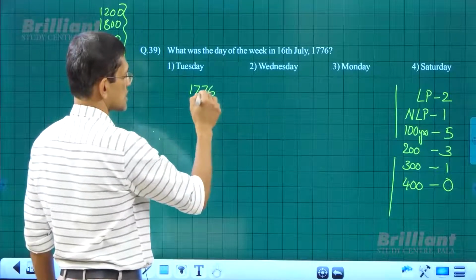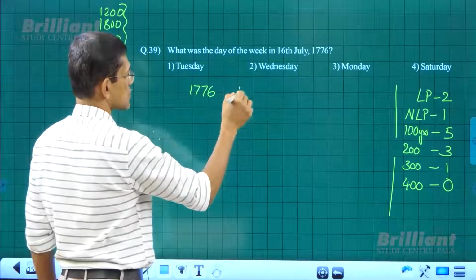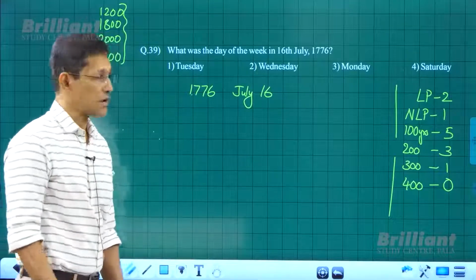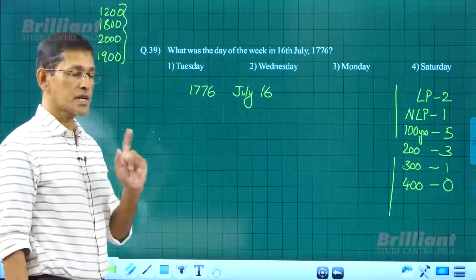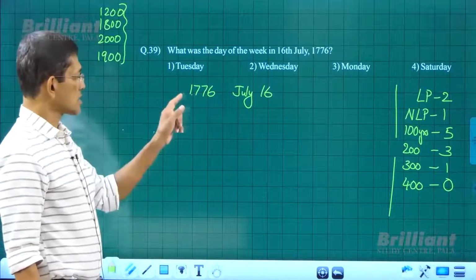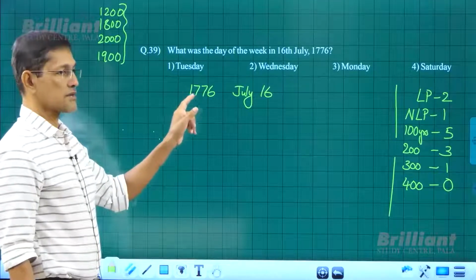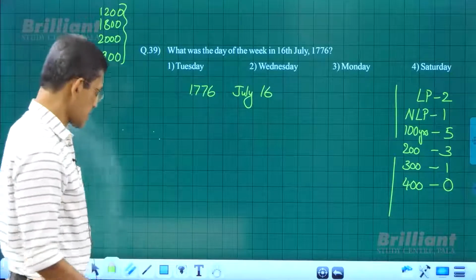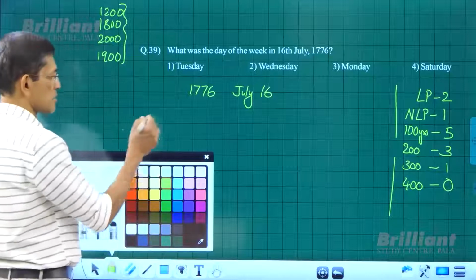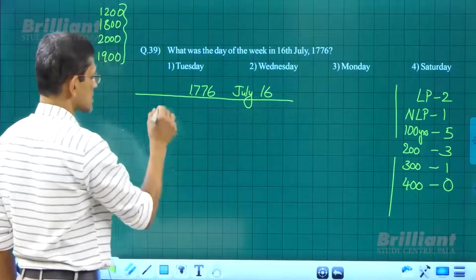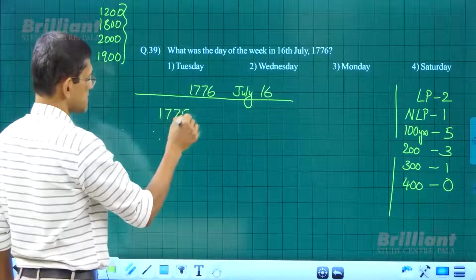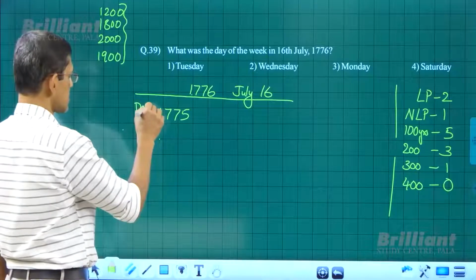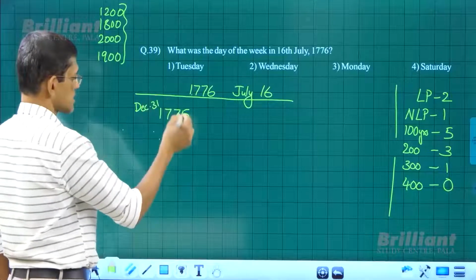So how many years are completed so far, when you start counting from the first year? We are in 1776, July 16, so that year is not completed. So the number of years completed is 1775. When we complete 1775 years, that is on December 31st, 1775.